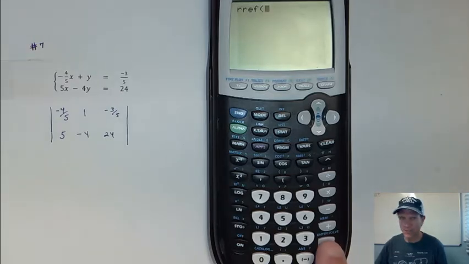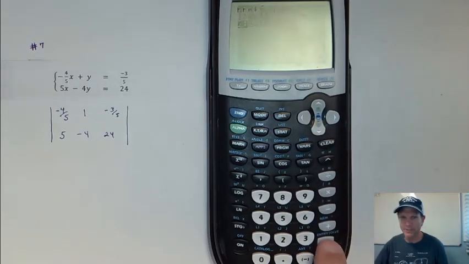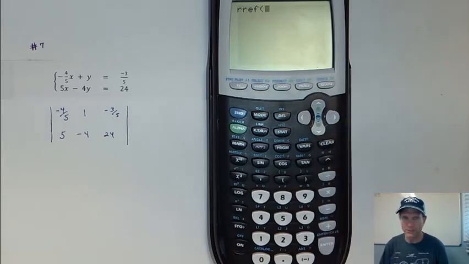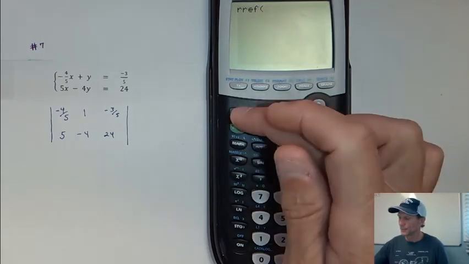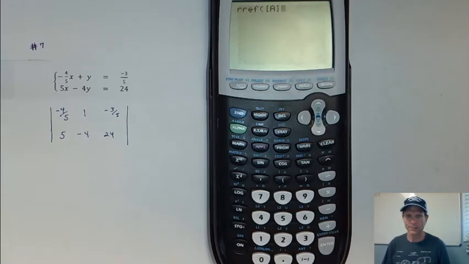I just want to show you, if you hit enter here, you would get an error because the calculator doesn't know what to do with the instructions until you put in that you want to do reduced row echelon form on matrix A. So I'm going to hit second, go to matrix, and since matrix A is already highlighted, I can go ahead and hit enter. I don't have to end the parenthesis. In the previous video, I showed that I did end the parenthesis.